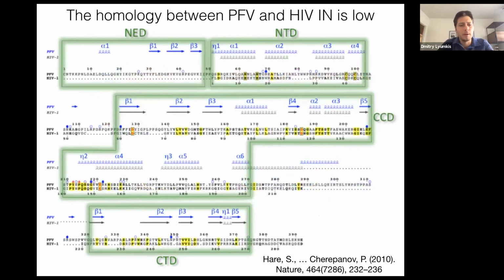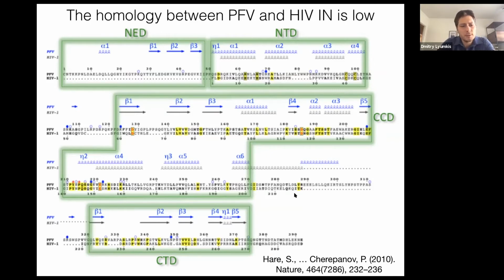Okay, the problem is that the active site of HIV and PFV intasomes, and in general the integrase enzyme, is not conserved. Depending on how you align the 2 integrases, the conservation of the catalytic core domain is around 20 to 30%, and about 40% around the active site.